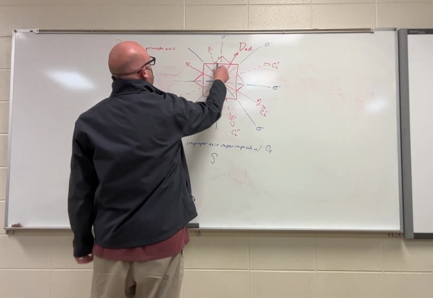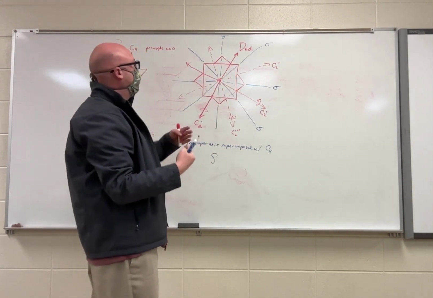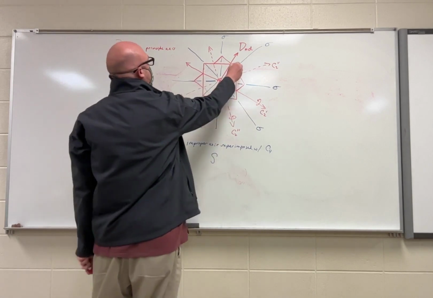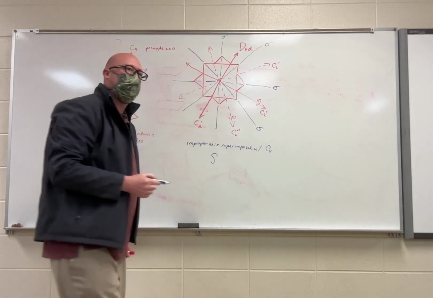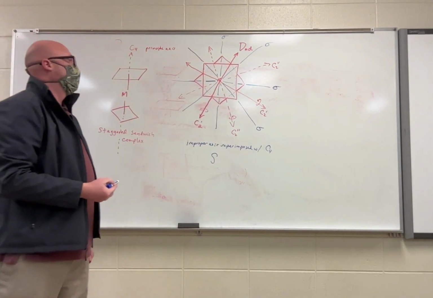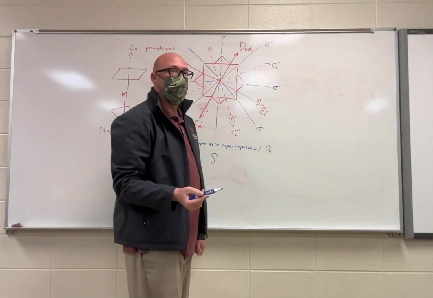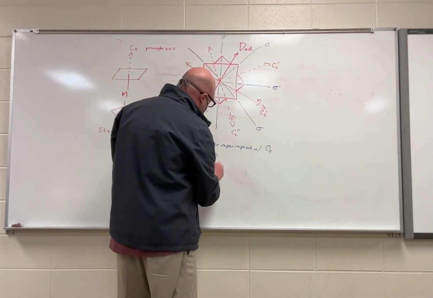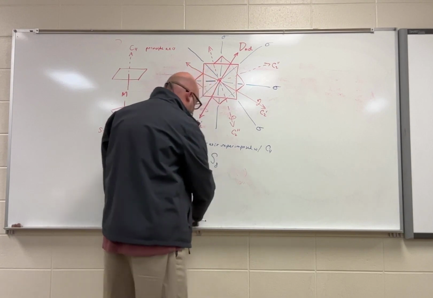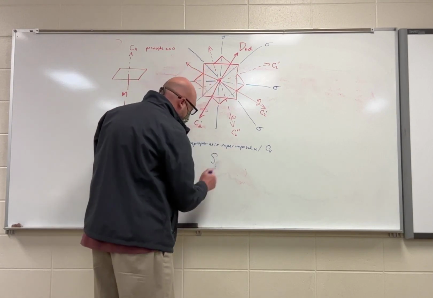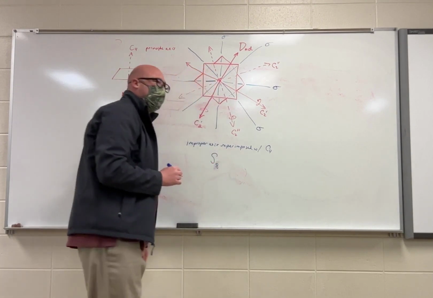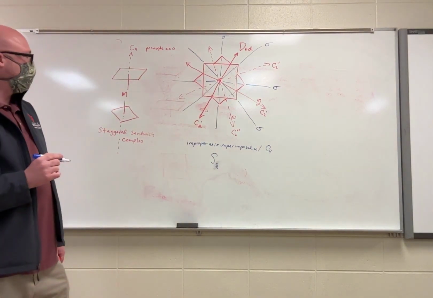But then I performed a reflection about the plane perpendicular to the axis, so this point is now brought to the bottom square. So 360 over 45 is 8. We have an S8 improper axis.